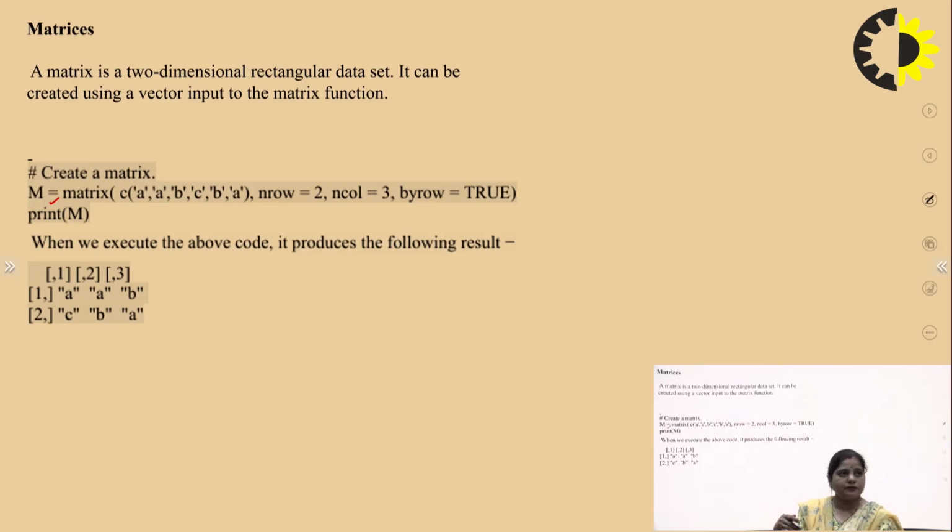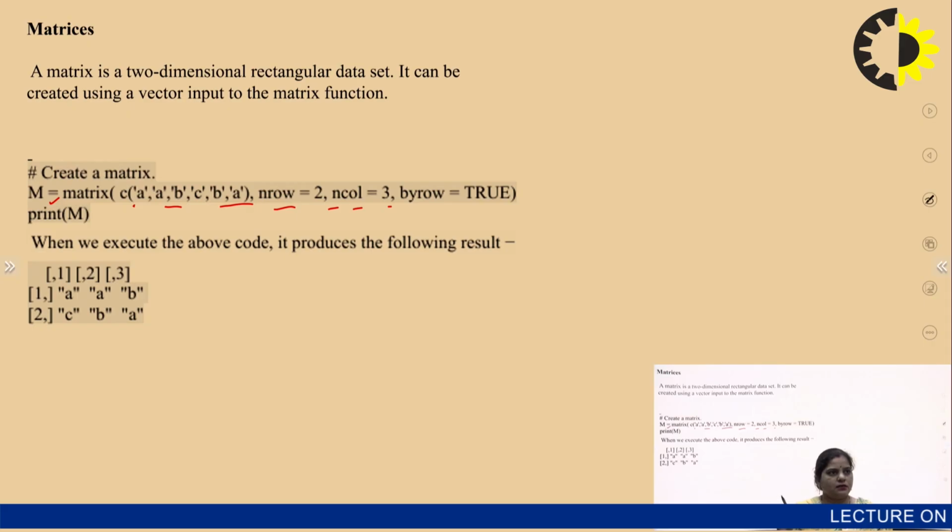In the matrix we again use the c function, and we have 6 elements. The number of rows is 2 and the number of columns is 3. We are declaring the matrix, and byrow is TRUE, meaning the values are filled row-wise.